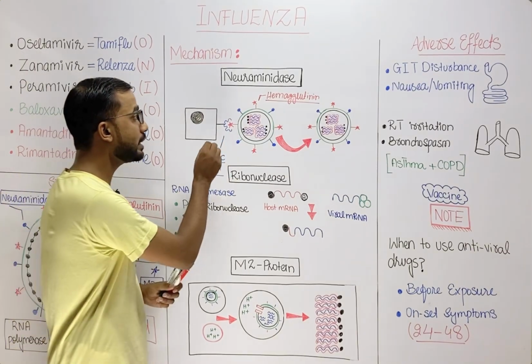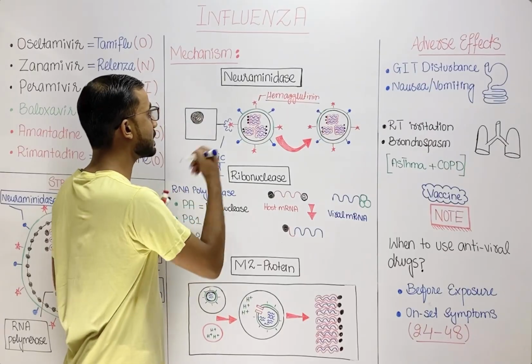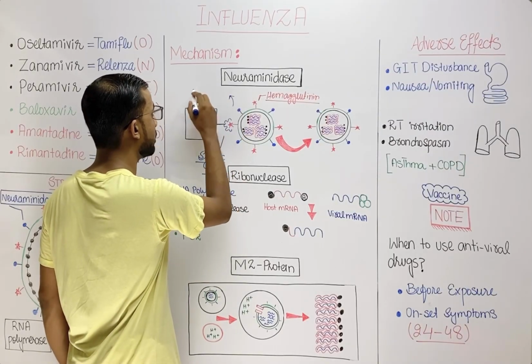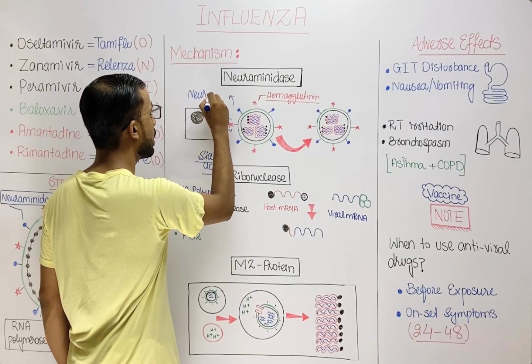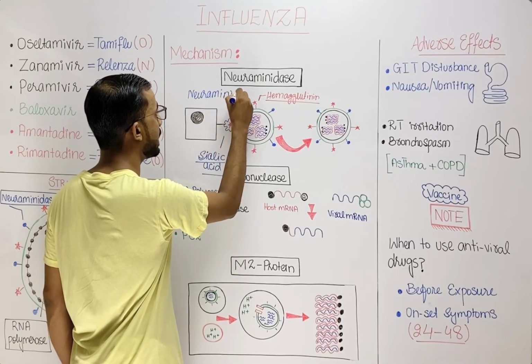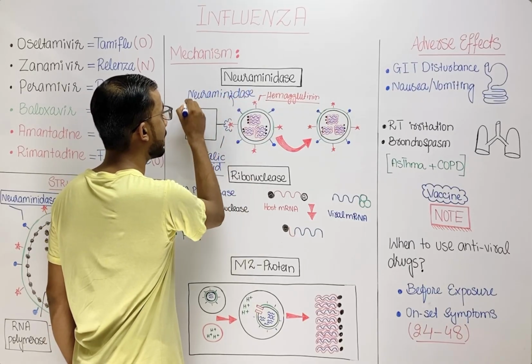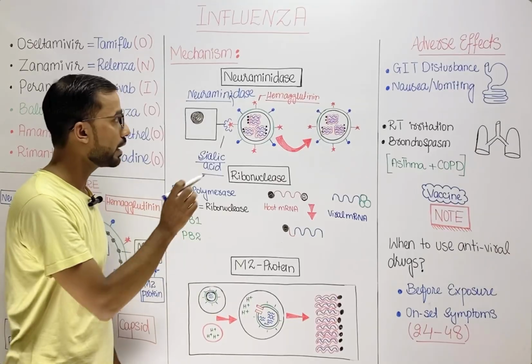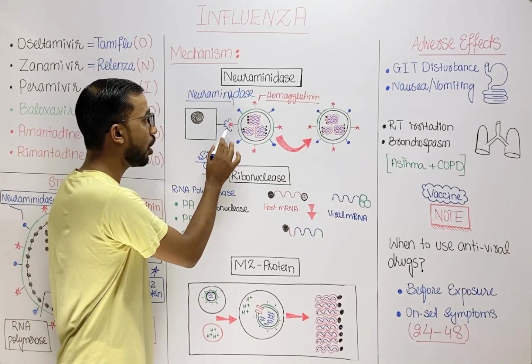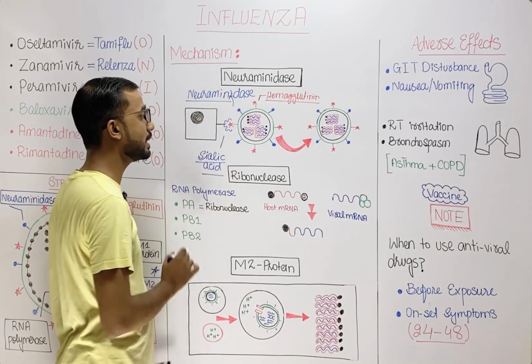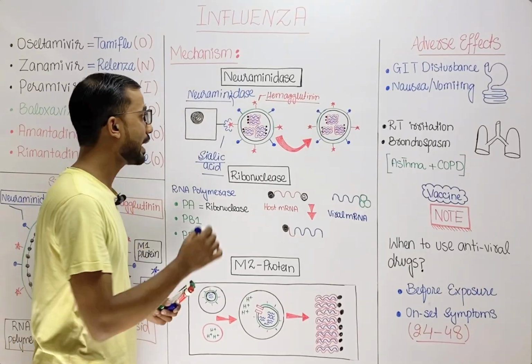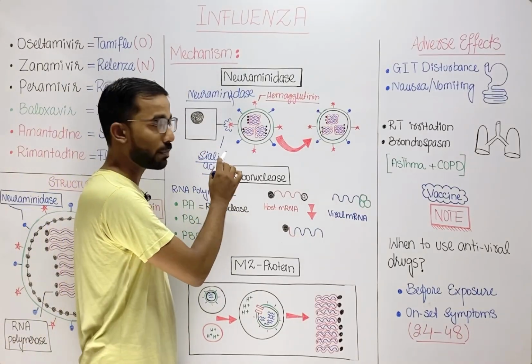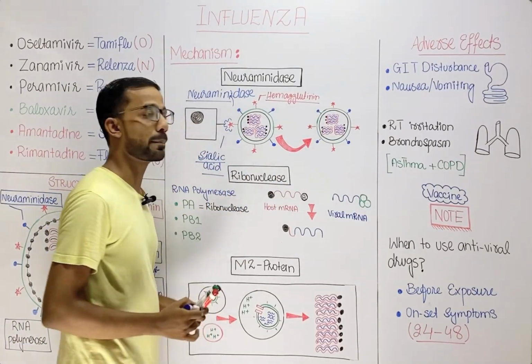Now, for the detachment, the neuraminidase enzyme that is also present on the membrane, neuraminidase enzyme cleaves this attachment of the hemagglutinin with the sialic acid, and ultimately when this happens, the virus will get separated.